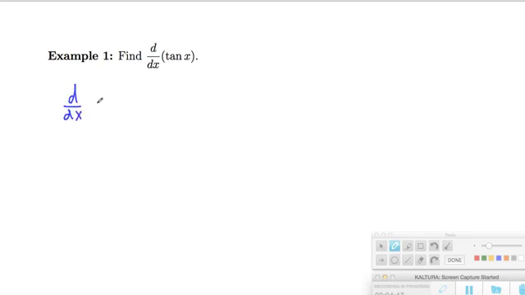So we're looking for the derivative of tangent. So we're going to write that as us needing to take the derivative of sine over cosine. So what we're really looking for is the derivative of the function sine over cosine. Now, obviously, we're going to need a quotient rule for that.